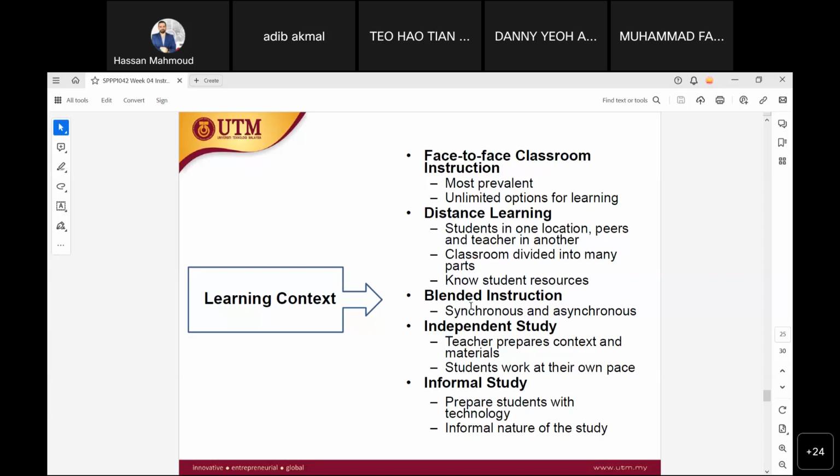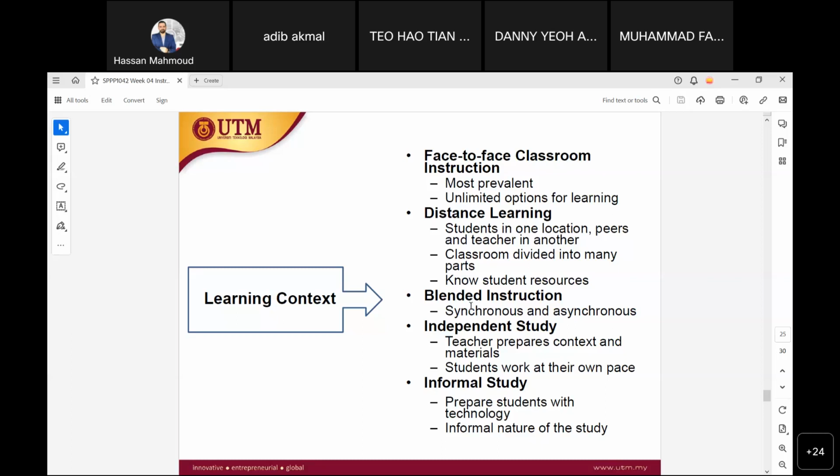But I gave you the notes, the assignment outlines, the course outlines, and all the stuff that you need, but I never met with you. This is independent study. And then finally, we have informal study. The teacher is out. There's no role whatsoever for the teacher.